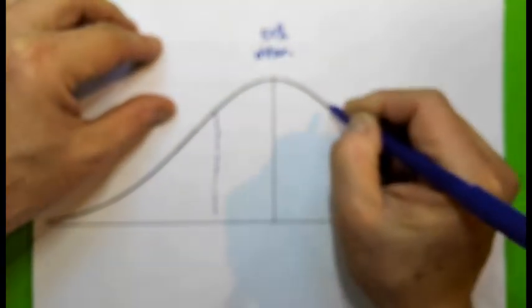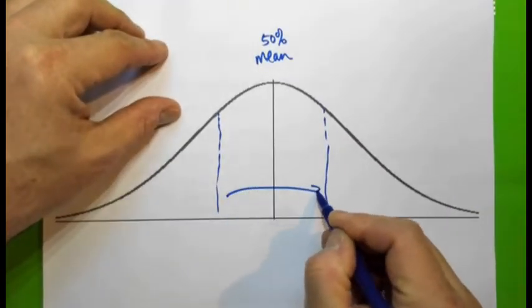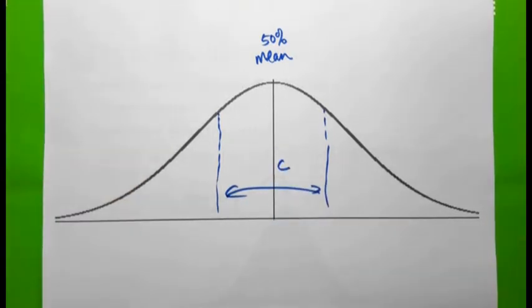Around this area, on both sides of the mean, is what your student will score as C, right?